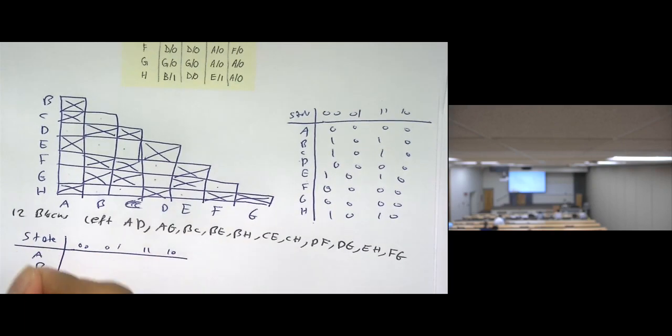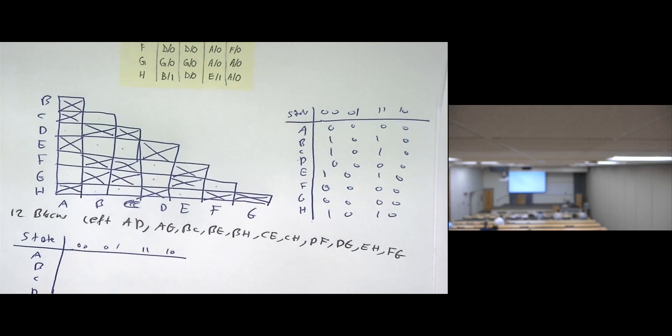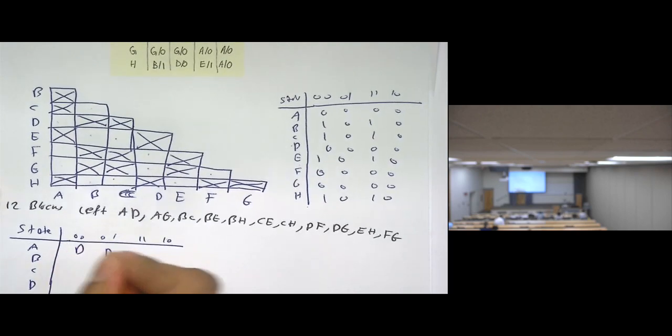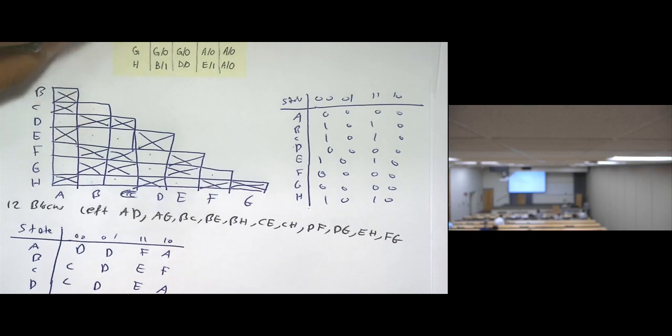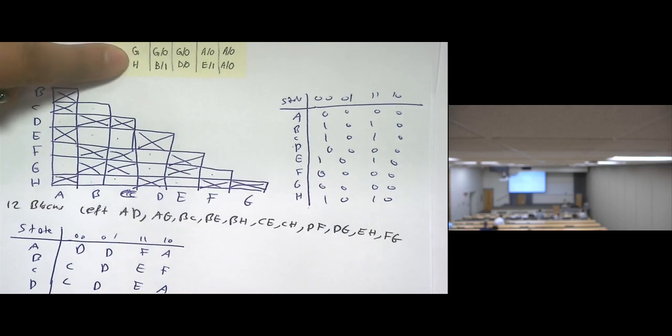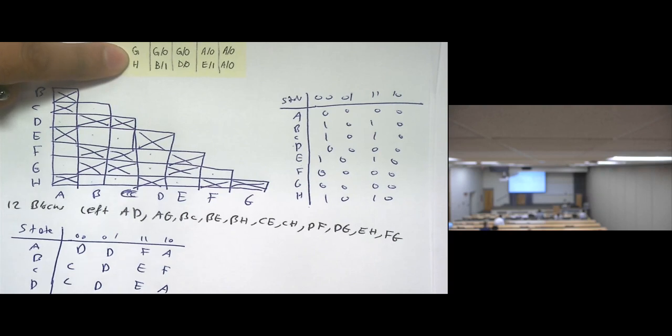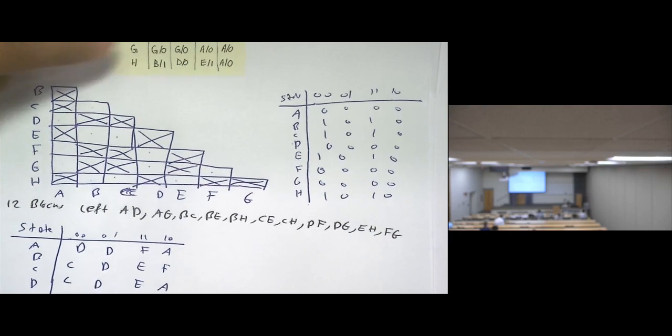Here is state A, B, C, D, E, F, G, H. Now this one is D, D, F, A, C, D, E, F, C, D, E, A, D, B, A, F, C, F, E, A, G, G, A, B, D, A, E, A. This is the table.